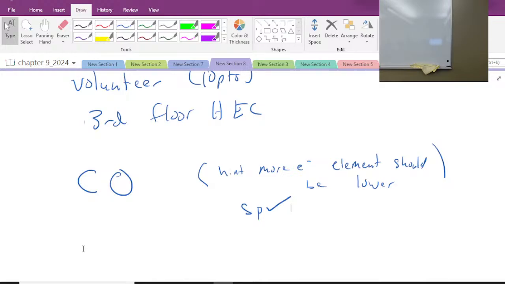So basically it's the stronger one. Carbon or oxygen?